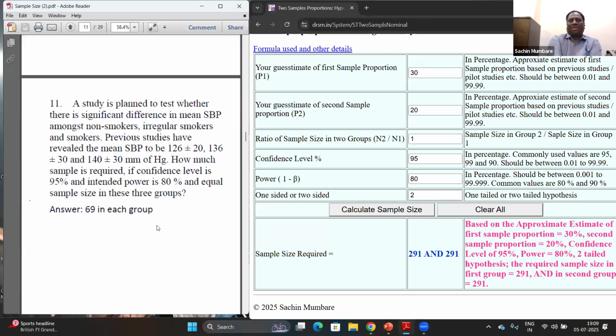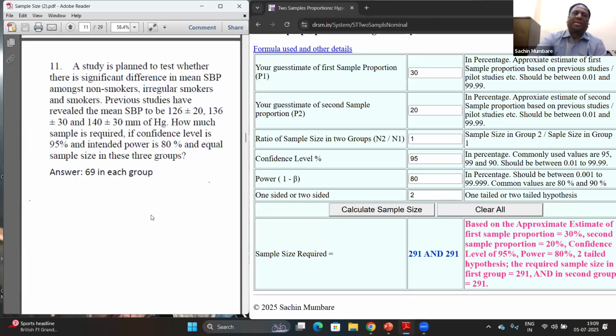Now, this is something which is different than what we have studied. Till now, in the first 10 examples, we have seen the estimation of mean, estimation of proportion, estimation of difference, or significance testing between two means, two proportions, etc. Now, in this example, the objective is to find whether there is significant difference between three means.